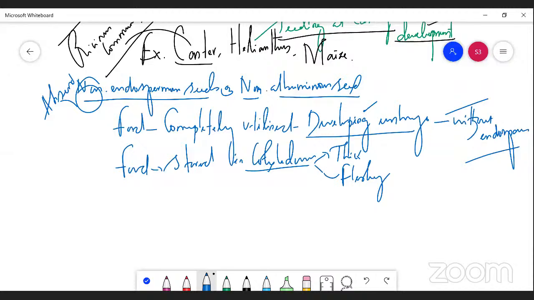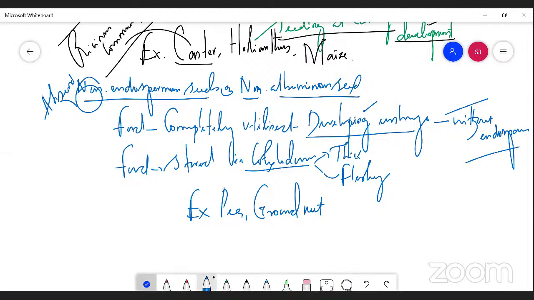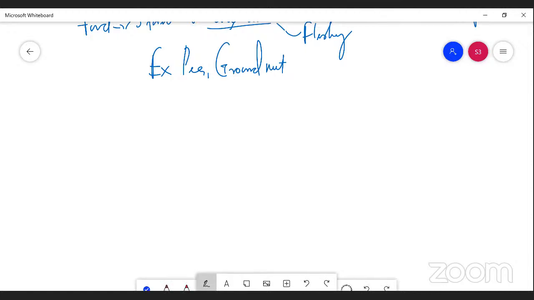This seed is called a non-endosperm seed, also called a non-albuminous seed. Examples: pea, Phaseolus, and groundnut. So on the basis of cotyledon, seeds are monocot or dicot, and on the basis of presence and absence of endosperm, seeds are albuminous or non-albuminous.